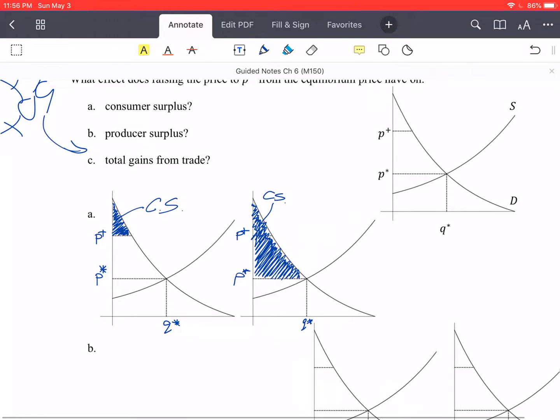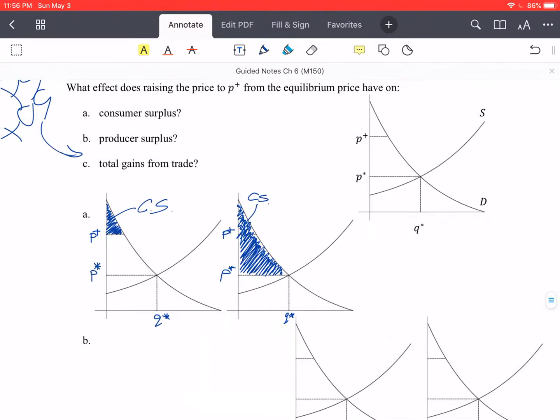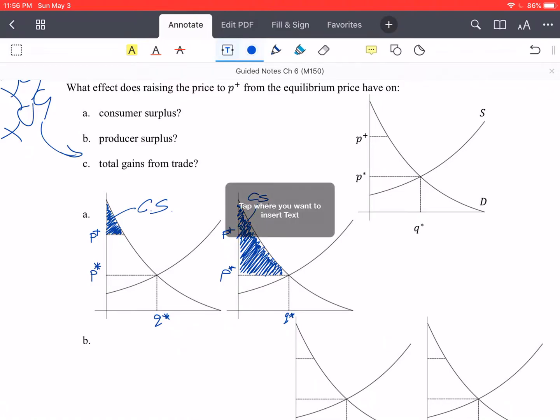If we compare the two, you can obviously see there's a difference between these two areas. Since the consumer surplus is the area between the demand curve and the current price, we can see that this cartel pricing did have an effect on consumer surplus. It was a negative impact.